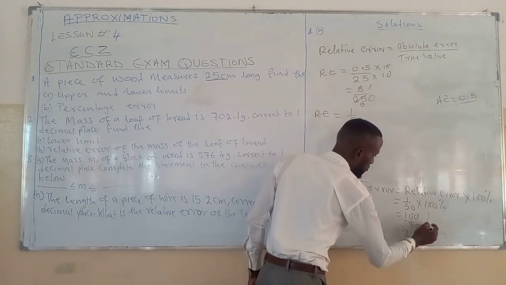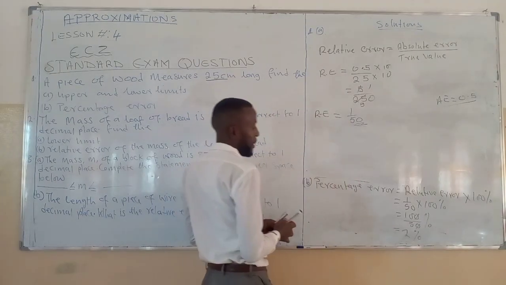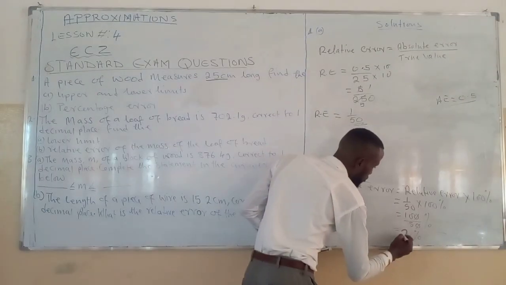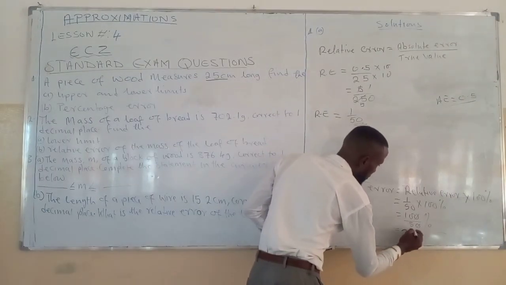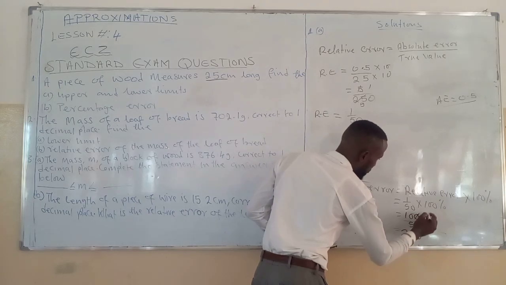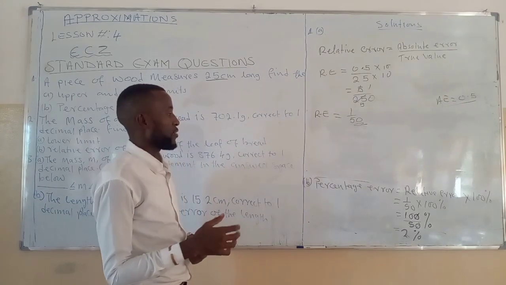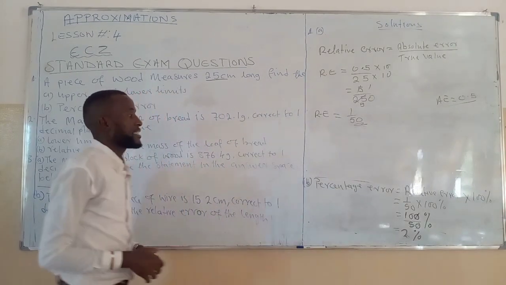Remember, we are talking of the percentage. So my percentage error in this scenario will be 2%, because 100 will be cancelled by 50 there. We have 2% as my final answer. So that's how you can find the percentage error.